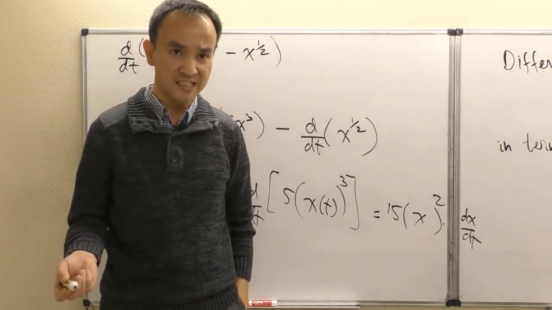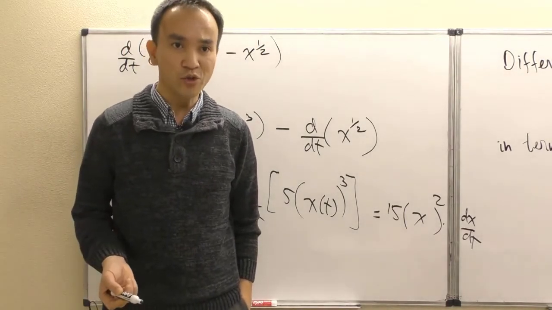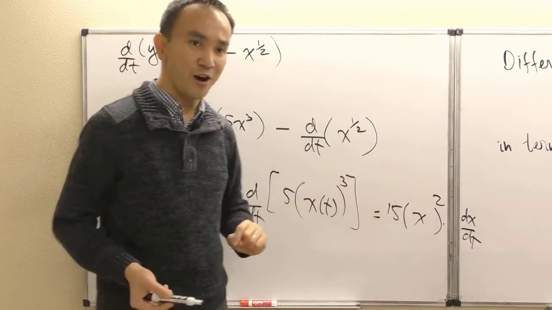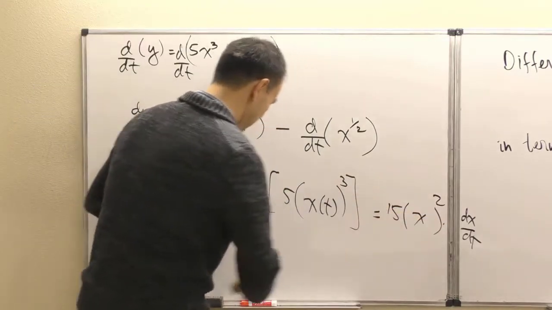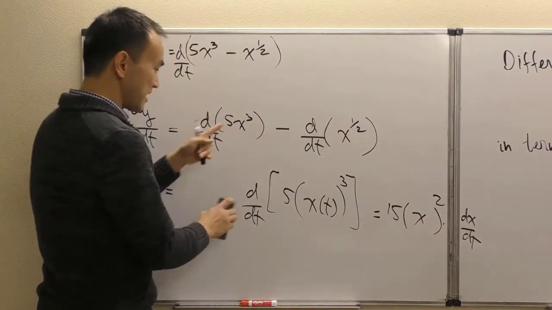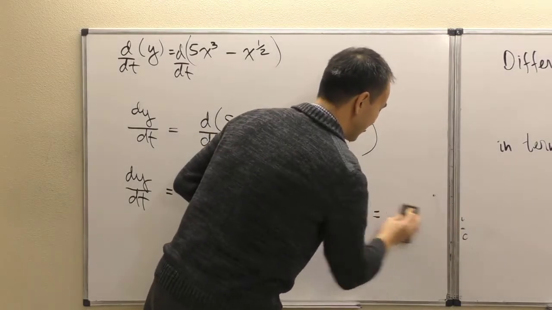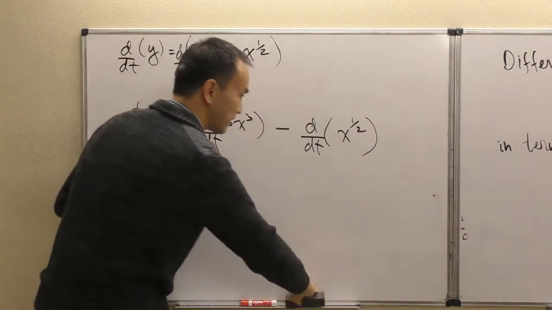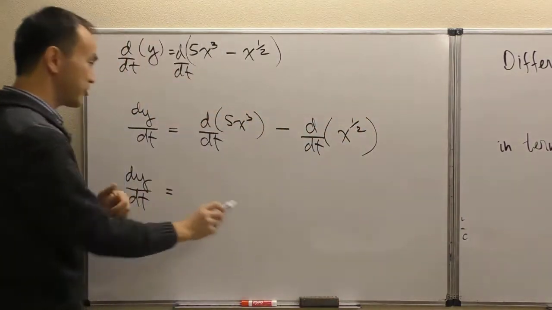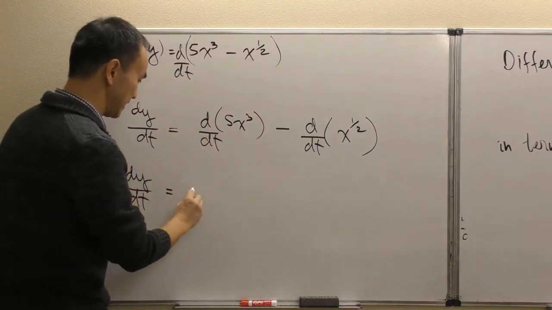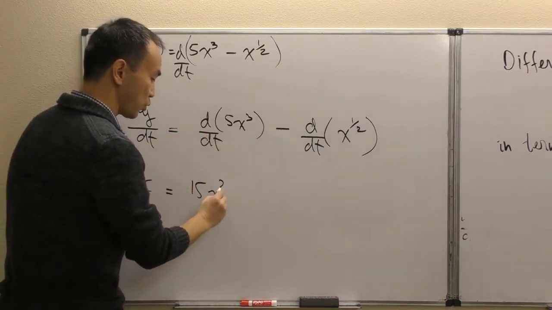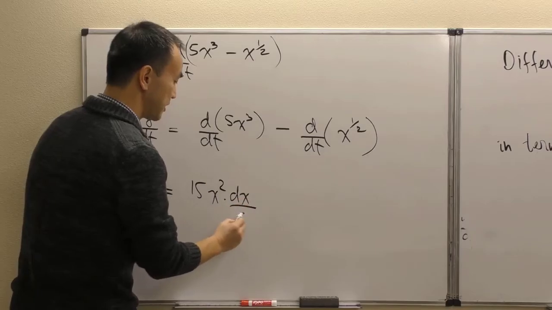So the dx dt is just our best solution at that point. All right, so now I'm going to take all that and put that in there. So after all that explanation, the first term here is 15x squared times the dx dt.